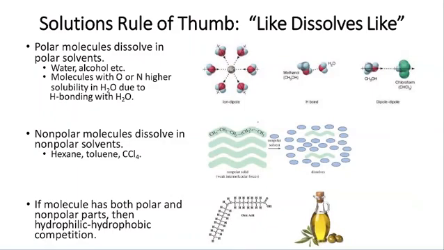Now, we also need to remind ourselves that things that are polar have that dipole in it, that partial positive and that partial negative, that allows it to actually interact with things that are ionic. So again, rule of thumb, overall, polar molecules dissolve in polar solvents. Non-polar molecules dissolve in non-polar solvents. Okay, that's what we know overall.